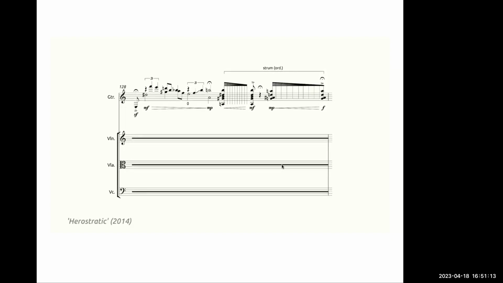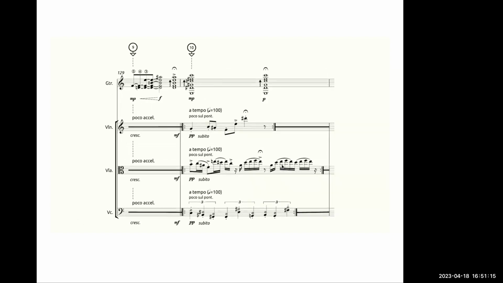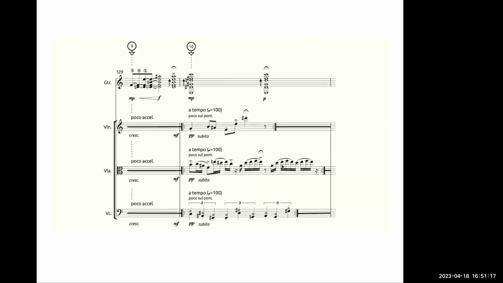In this example, I'm giving 3 string players rhythmically independent looping patterns, which allows a guitar player time to play a solo as he sees fit.